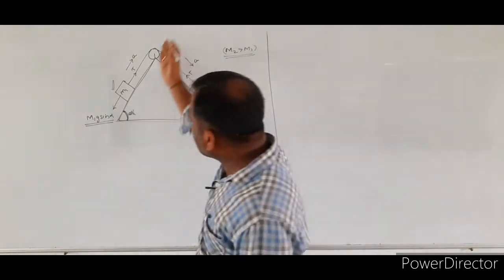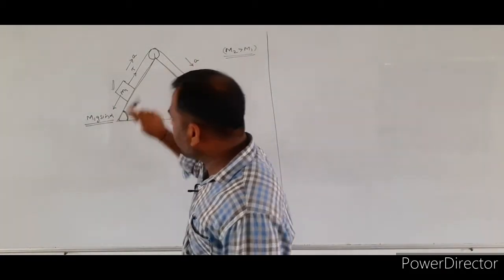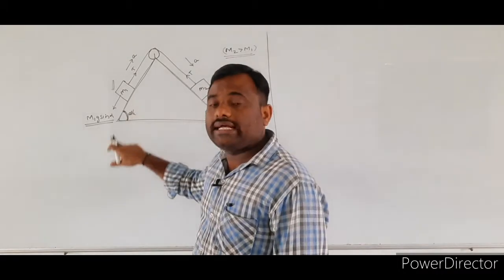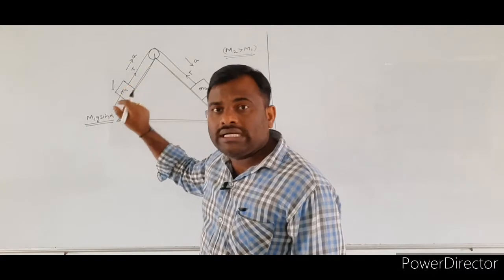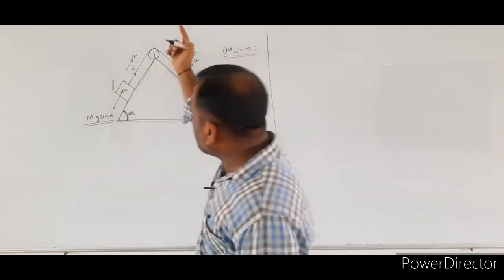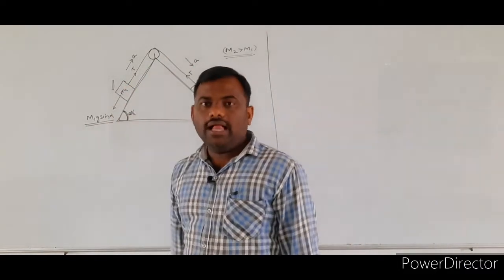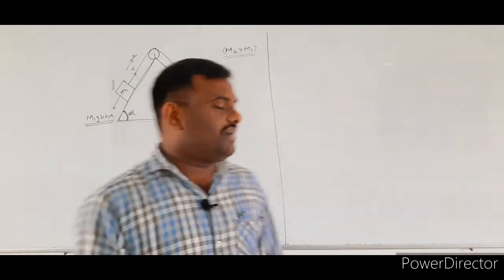Why? For that inclined surface, the angle of inclination is alpha, so the component of the weight of m1 along the inclined plane will be given by m1g sin alpha.